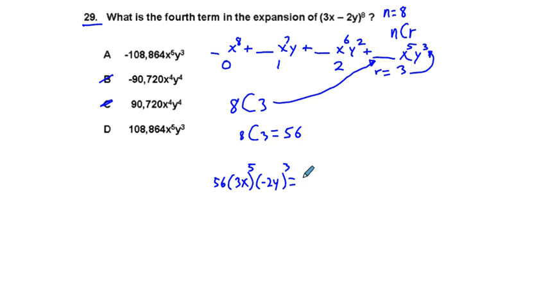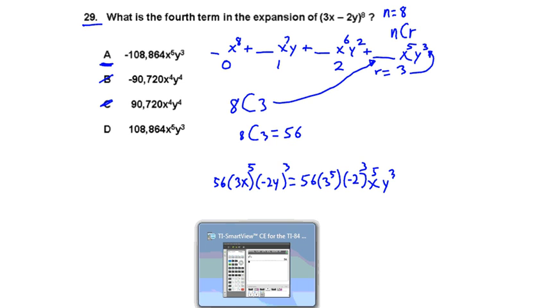And what that's going to be is 56 times 3 to the 5th power times negative 2 to the 3rd power, x to the 5th, y to the 3rd power. Now, negative 2 to the 3rd power is going to be what? Negative 8. So that means we are going to have a negative answer. So probably A is looking pretty good. But let's put that in the calculator.